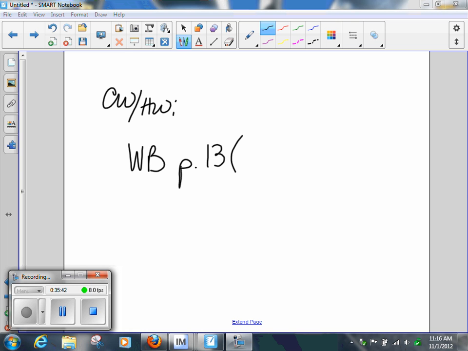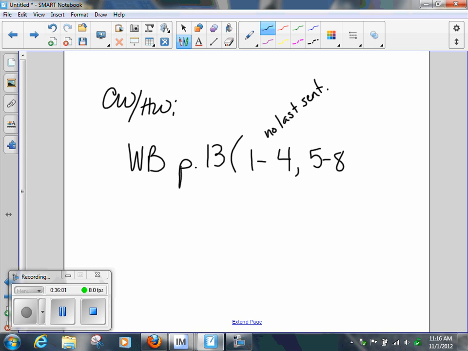Same thing in the second set, 5 through 8. You're going to do 1 through 4. No last sentence. Okay, don't pay any attention to the last sentence. 5 through 8. I do want you to determine whether those represent a function or not. And you can tell that once you graph those points for 5 through 8, or you'll be able to draw a vertical line and see if the vertical line passes through both points, okay?